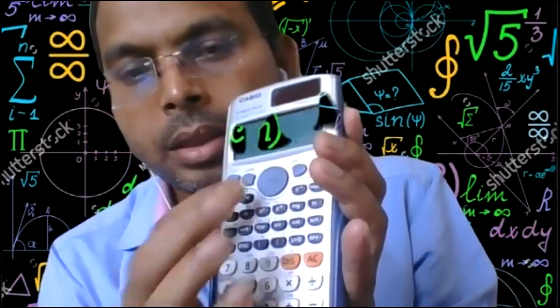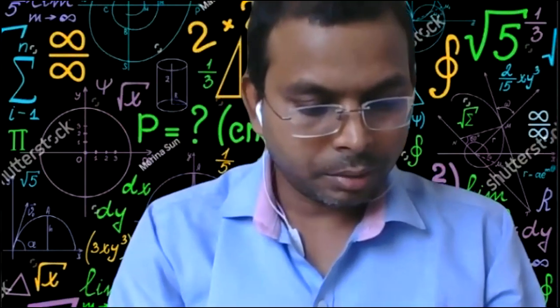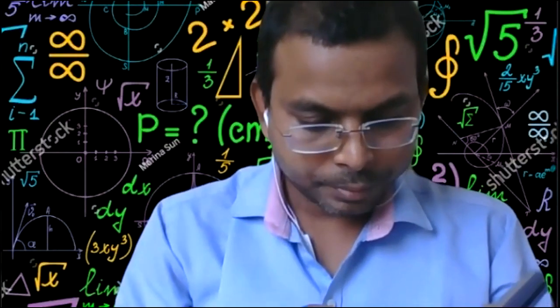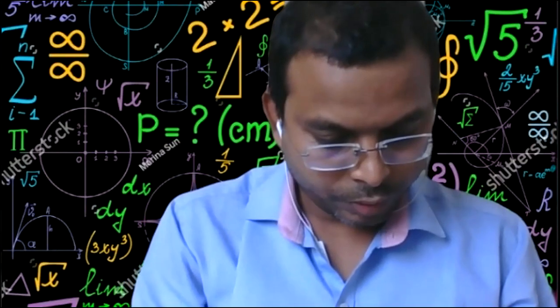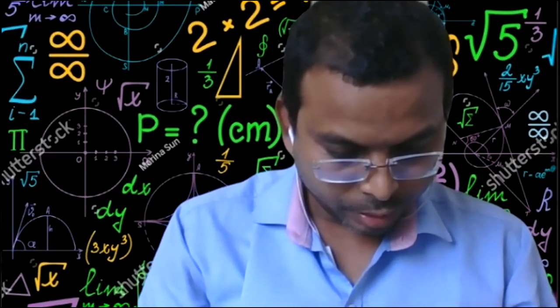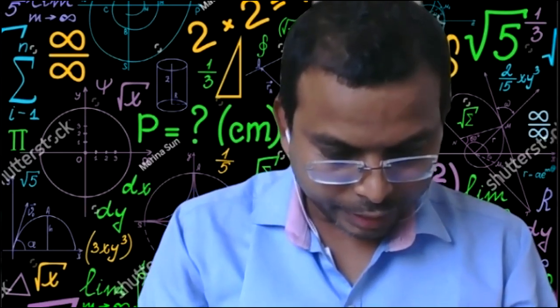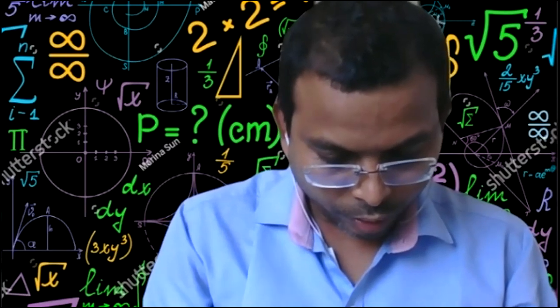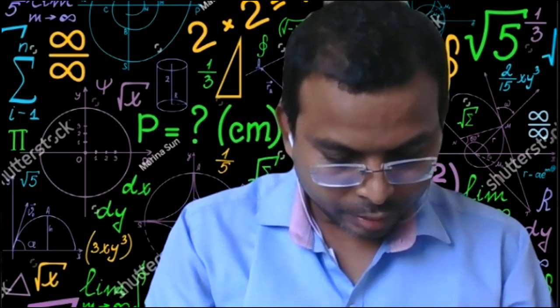So you press the alpha button, then the first bracket, then alpha x plus n is 5, so 5 divided by alpha x, close bracket, divided by 2.